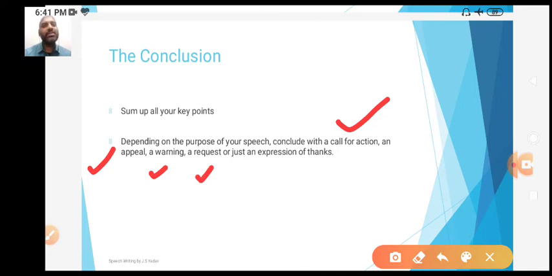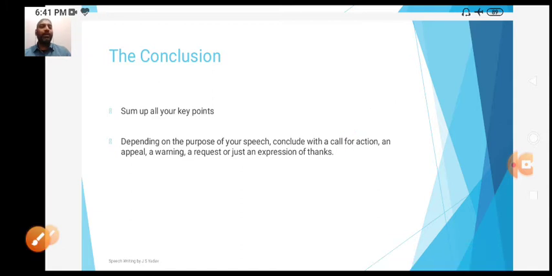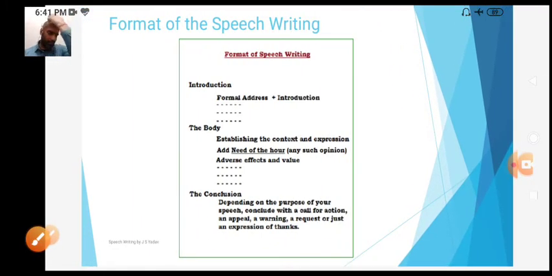These are the four things you can use to conclude your speech. But if you are not able to find suitable appeal, suitable call for action or warning or some request, you can simply express your gratitude, your thanks to the audience. Okay, now these are the parts of speech writing.